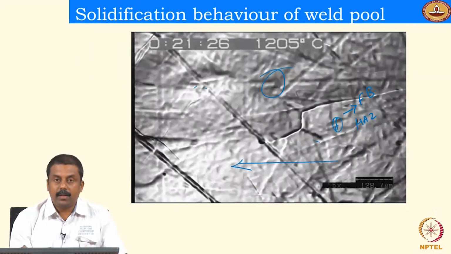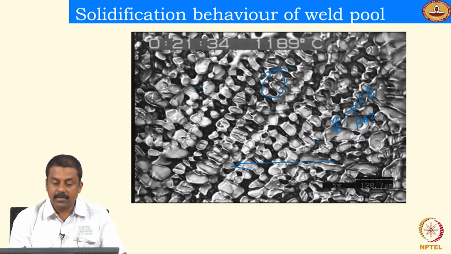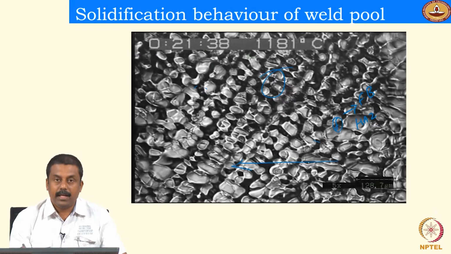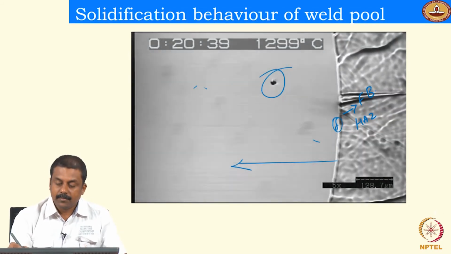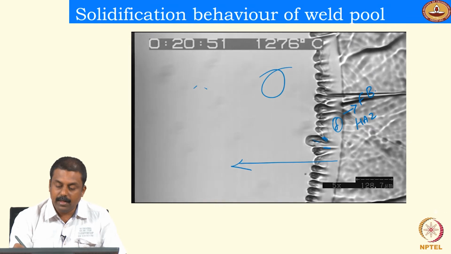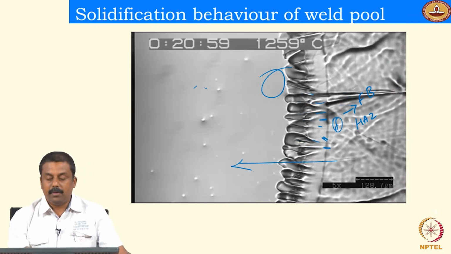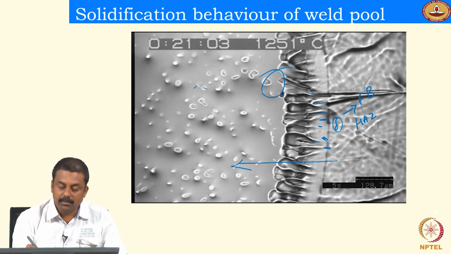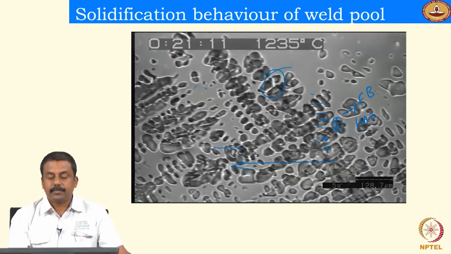Now the important thing you need to understand in this solidification is, when solidification begins, how the alloying elements partition to the boundaries of the grains, and subsequently how the carbon is also pushed towards the untransformed liquid.